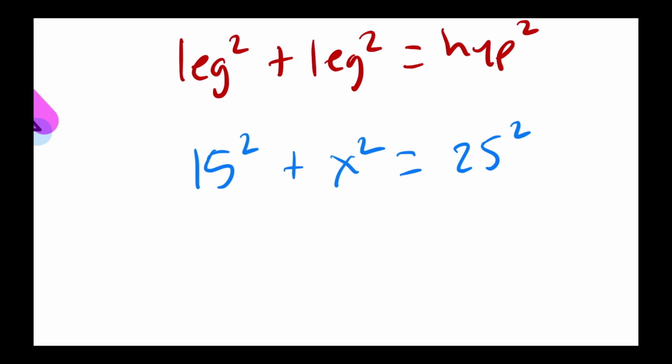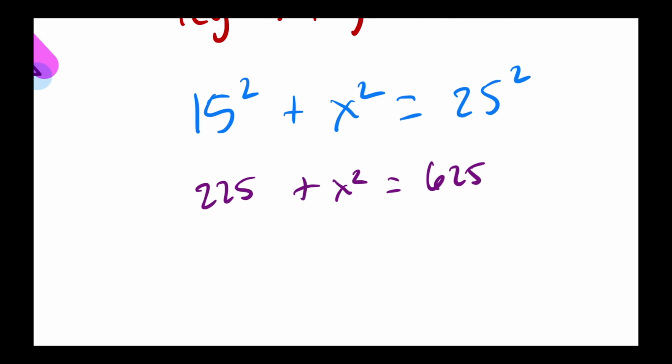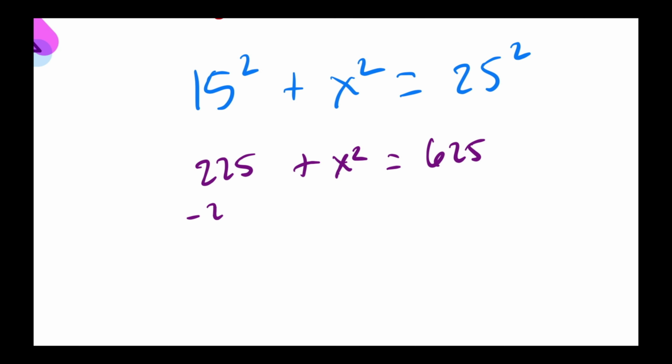15 squared is 225, so 225 plus x squared equals 25 squared. What's 25 squared? Anyone? 625, very good. If I want to get the x by itself, I'll subtract 225 from both sides.